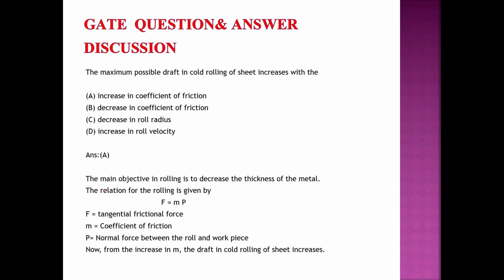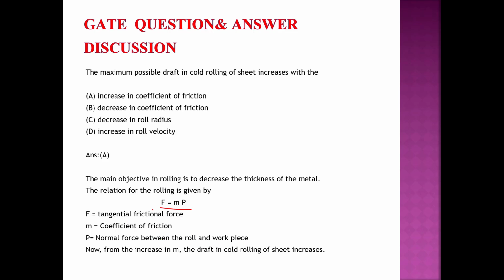Next question is: the maximum possible draft in cold rolling of sheet metal increases with increase in coefficient of friction, decrease in coefficient of friction, decrease in roll radius, or increase in roll velocity. Here, the relation for rolling is given by F equal to mu P, where mu is the coefficient of friction, F is the tangential force, P is the normal force between the roll and workpiece.